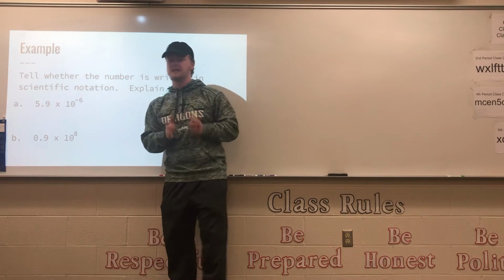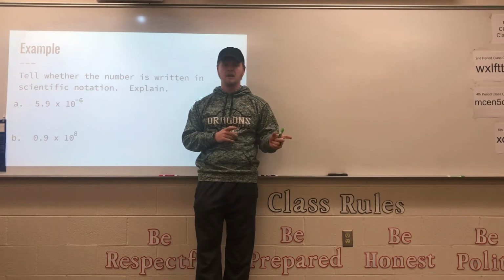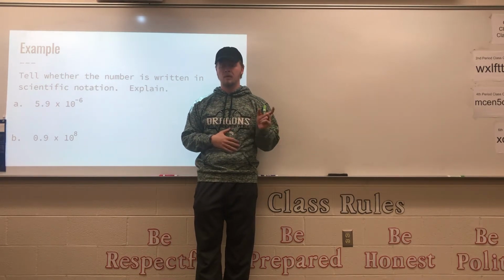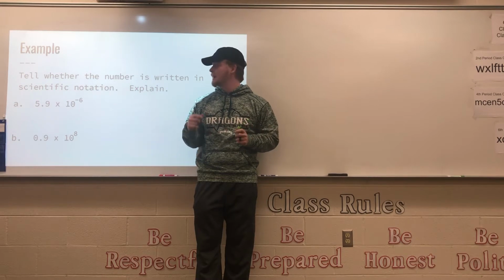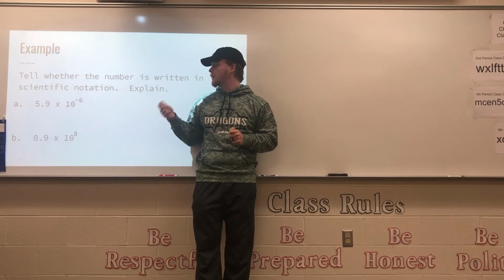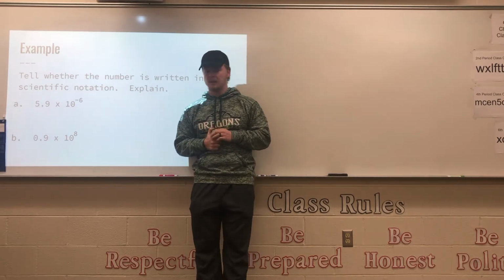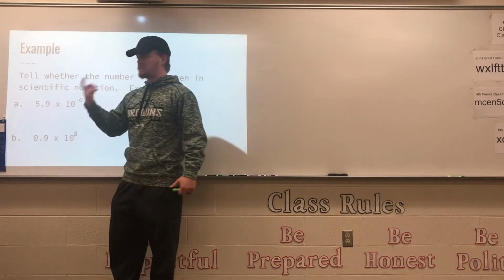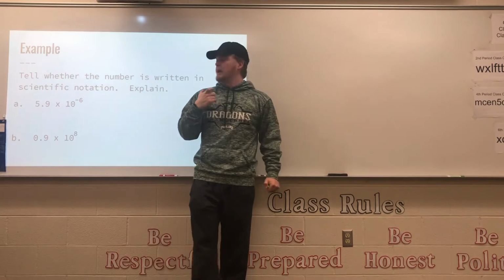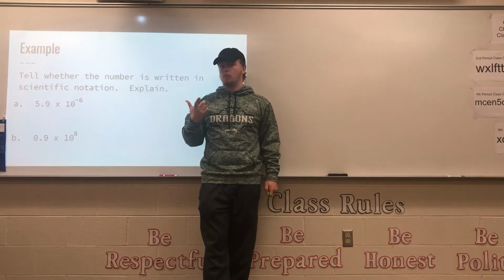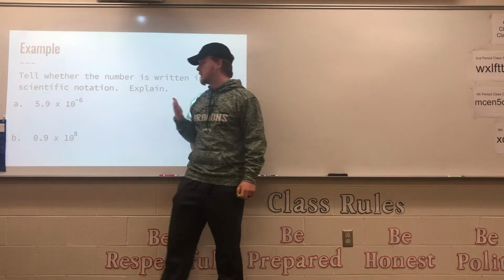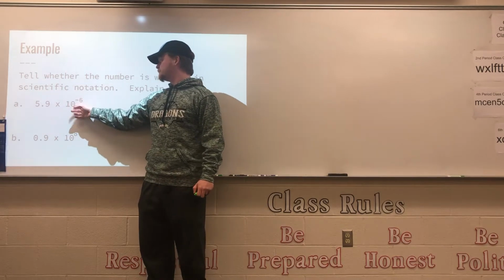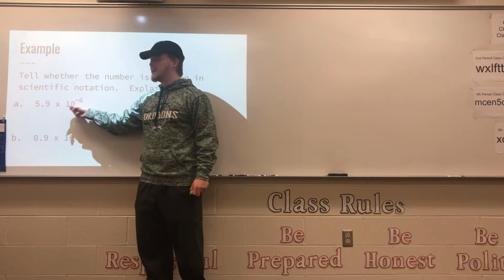So remember, scientific notation has a factor greater than or equal to 1 and less than 10, and then a power of 10 with an integer as its exponent. Our factor here is 5.9. You ask yourself, is that between 1 and less than 10? Yes, it is. And then we have the power of 10. Remember, this is always times 10 to a power.